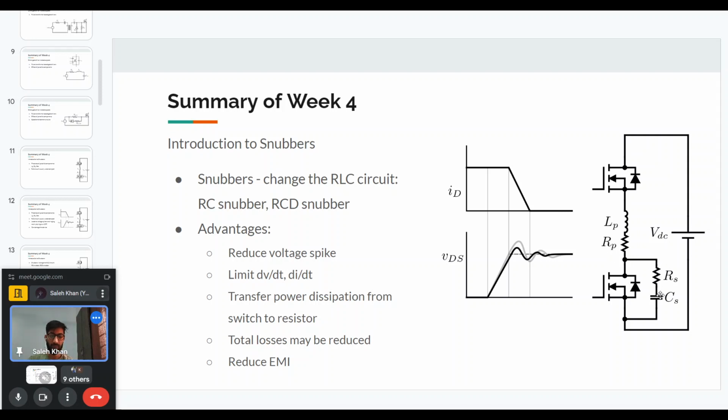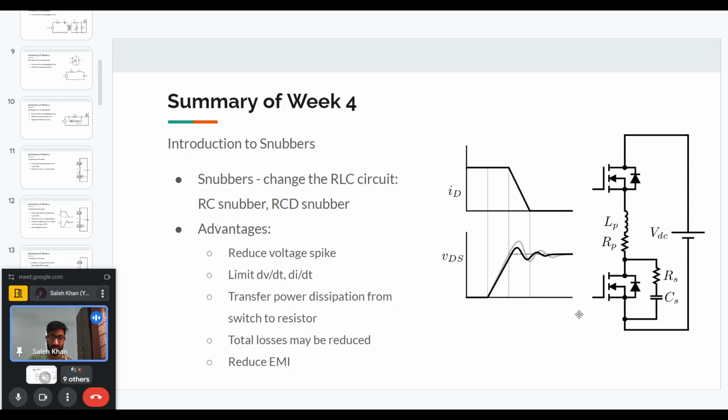It may not necessarily reduce the switching loss, but it can distribute it so that the device temperature may be less. But not only the distribution of loss, it may also be possible to reduce the overall losses, and there are different methods to do that.